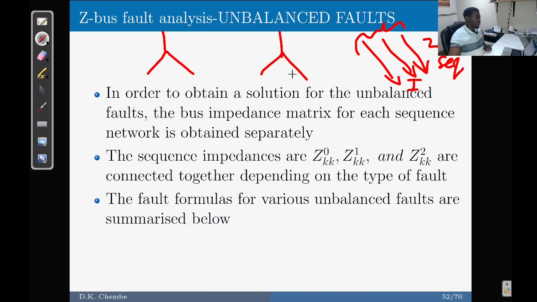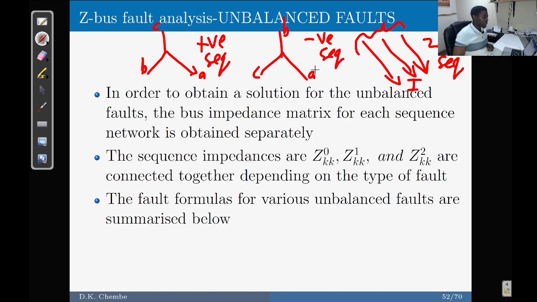Then you've got your positive sequence, A, C, B, and then you've got A, B, C. That's your negative sequence. And this is the zero sequence. So you can revise through the notes and see.